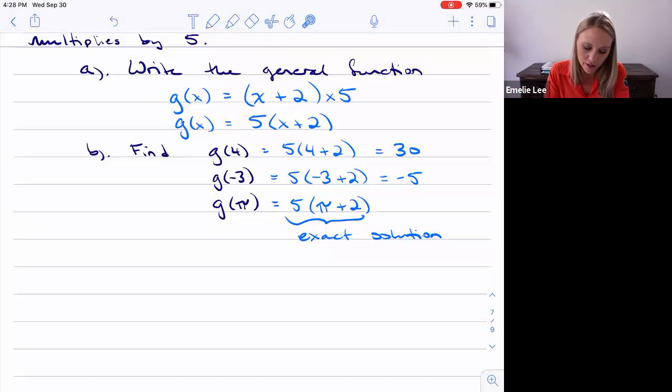If you were having a hard time with part A, one thing that you could have done is work through some of these typical scenarios, right? And try to see, okay, well, if I have G of 4, I have to add 2 and then I have to multiply by 5, just using the verbal description.